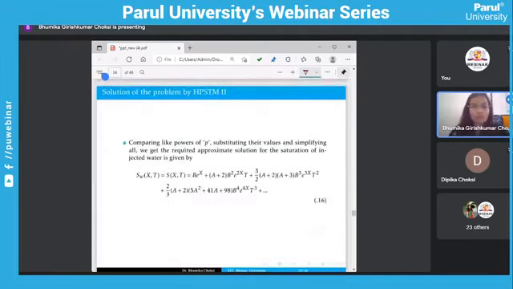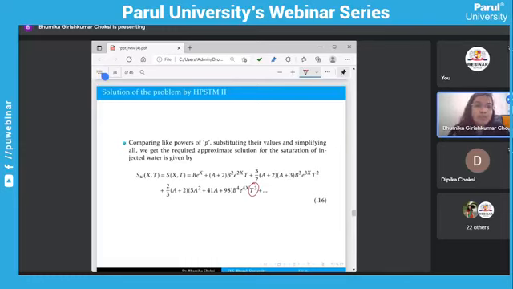I have counted only the first few terms, so till t cube. You can go beyond it. I have an approximation till t raised to 7, but here I have introduced only the t cube term.